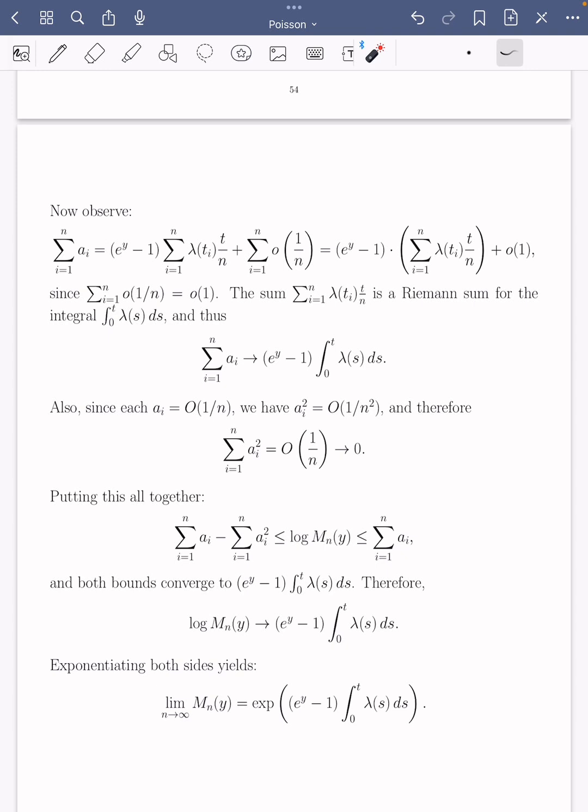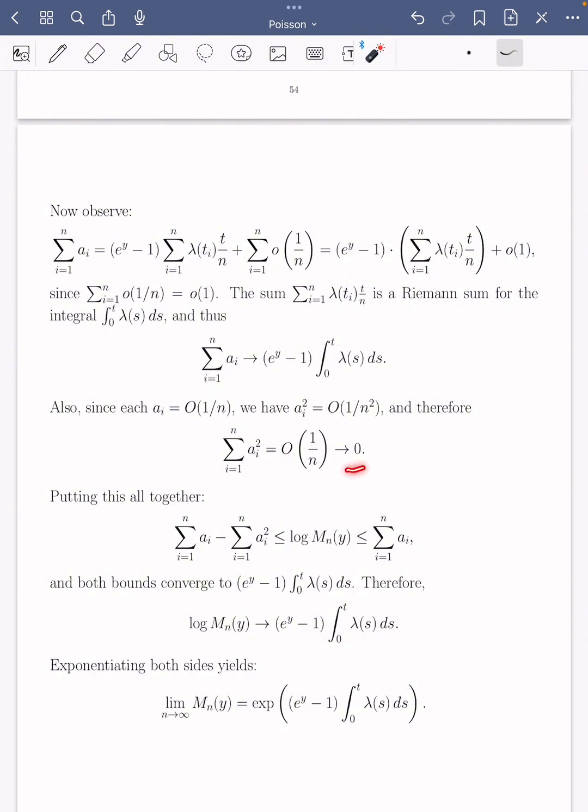So we know that the sum of a_i will converge to e to the y minus 1 times the integration of lambda s from 0 to t. Also, each a_i is big O of 1 over n, so a_i squared is big O of 1 over n squared. This implies that the sum of a_i squared is big O of 1 over n, which will converge to 0.